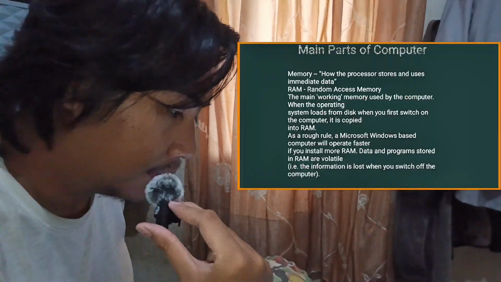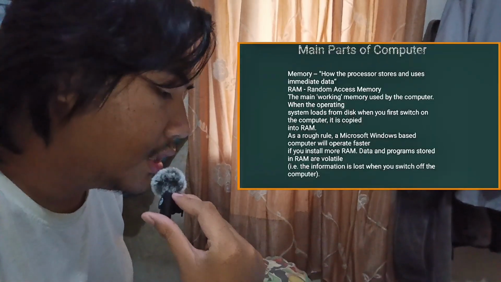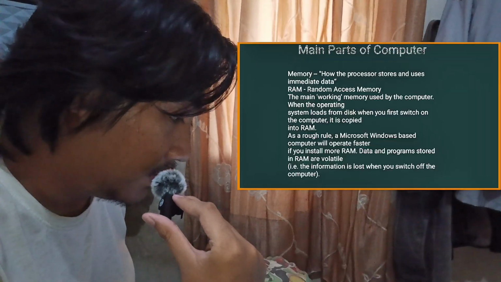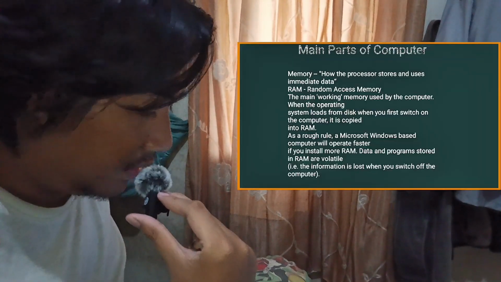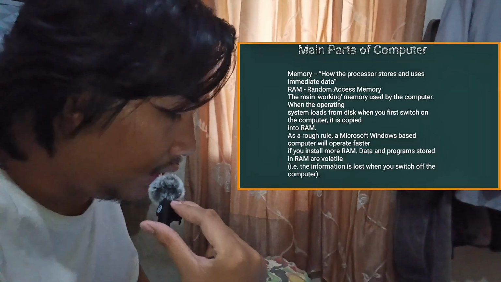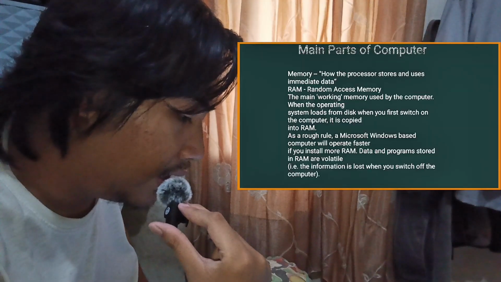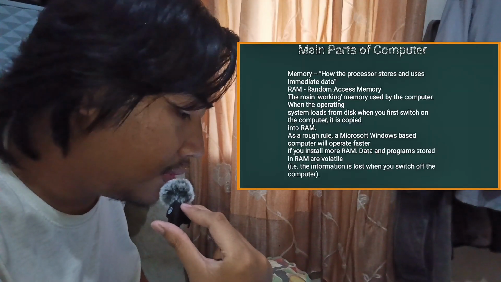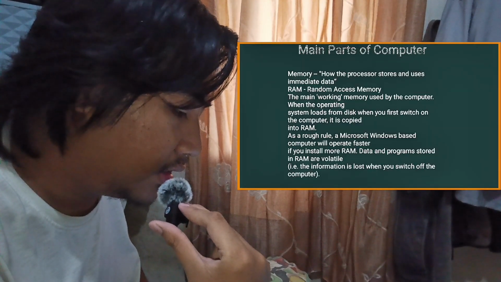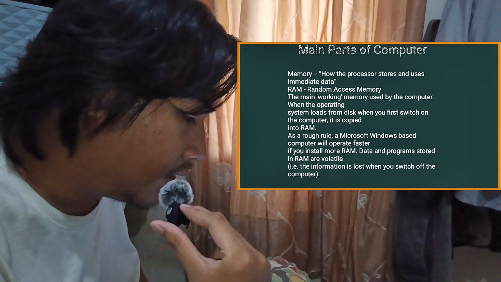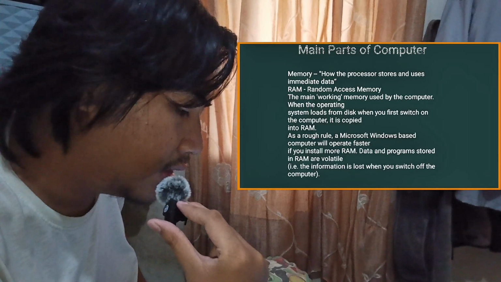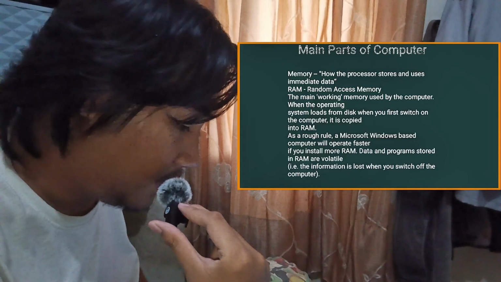Next, the main part of the computer is memory, how the processor stores and uses immediate data. RAM, random access memory, is the main working memory used by the computer when the operating system loads from disk. When you first switch on the computer, it is copied into RAM.